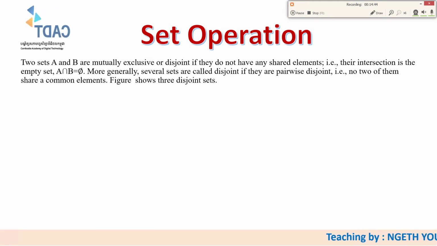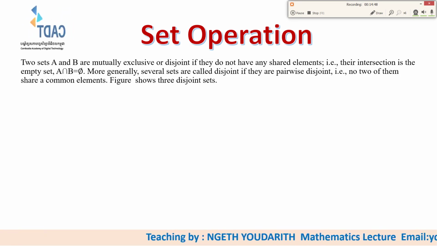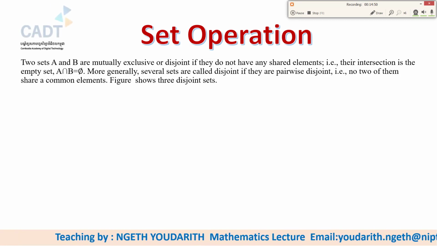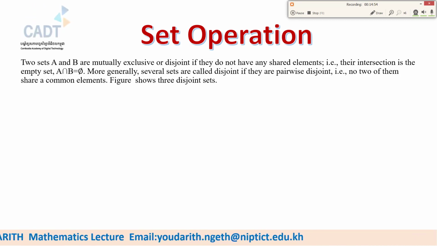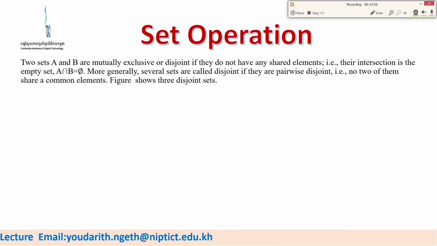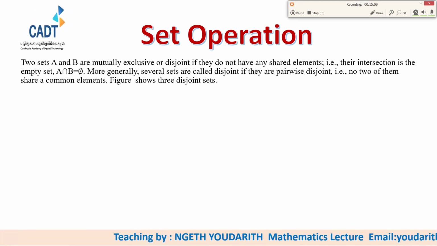Two sets A and B are mutually exclusive or disjoint if they do not have any common element. The intersection is the empty set: A intersect B equals the empty set. More generally, several sets are called disjoint if they are pairwise disjoint, meaning no two of the sets have a common element.